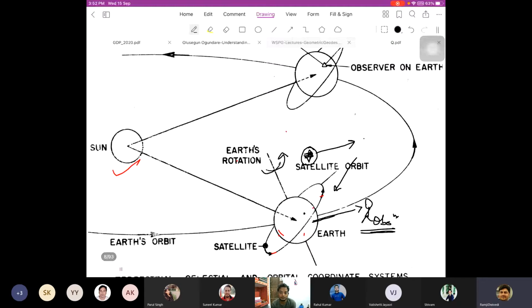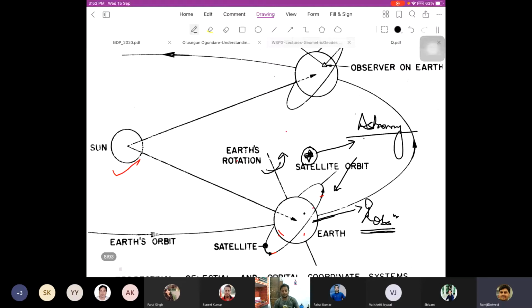To get a coordinate for a star, you have to go into the celestial coordinate system. So there is one terrestrial coordinate system where you are on the surface of Earth. Then there is a coordinate system which is away from you, in the celestial sphere, which we call the celestial coordinate system.